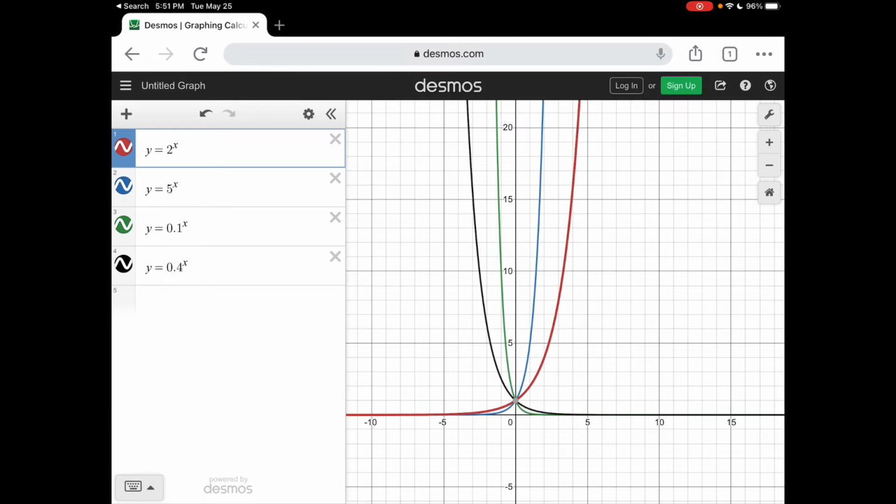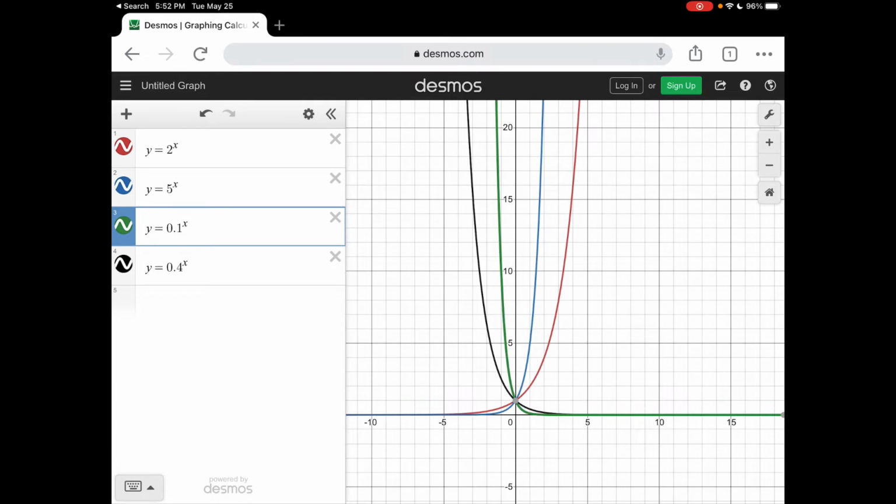The other thing you need to notice is that if your base for an incline is larger, then you'll have a larger incline. If your fraction is smaller, so 0.4 versus 0.1, you'll notice that the incline is smaller, okay?